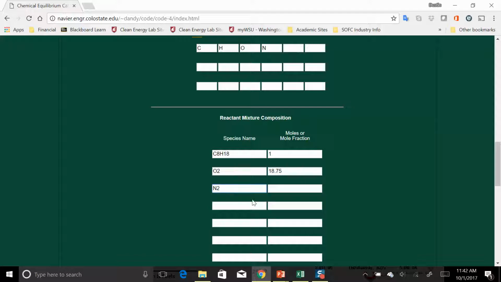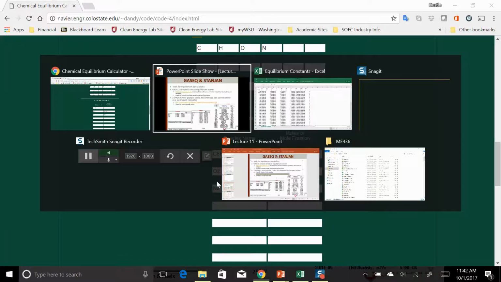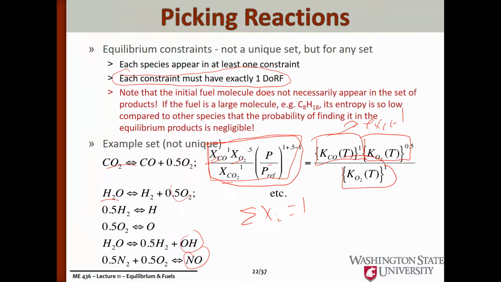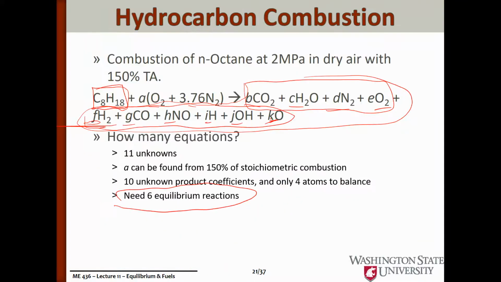And then I have the nitrogen that's in the air, and if I do that A, 18.75 times 3.76, I get 70.5 moles of nitrogen. So these were my reactants in the balanced reaction that I was looking at here.